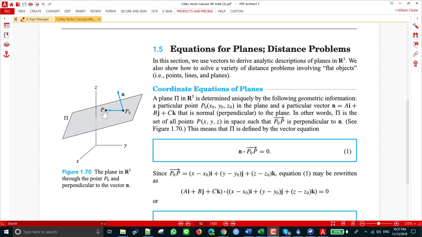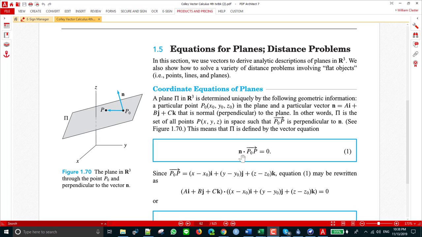If the coordinates of P are x, y, z, and the coordinates of P0 are x0, y0, z0, then P0P, the vector from P0 to P, is x minus x0, y minus y0, z minus z0.